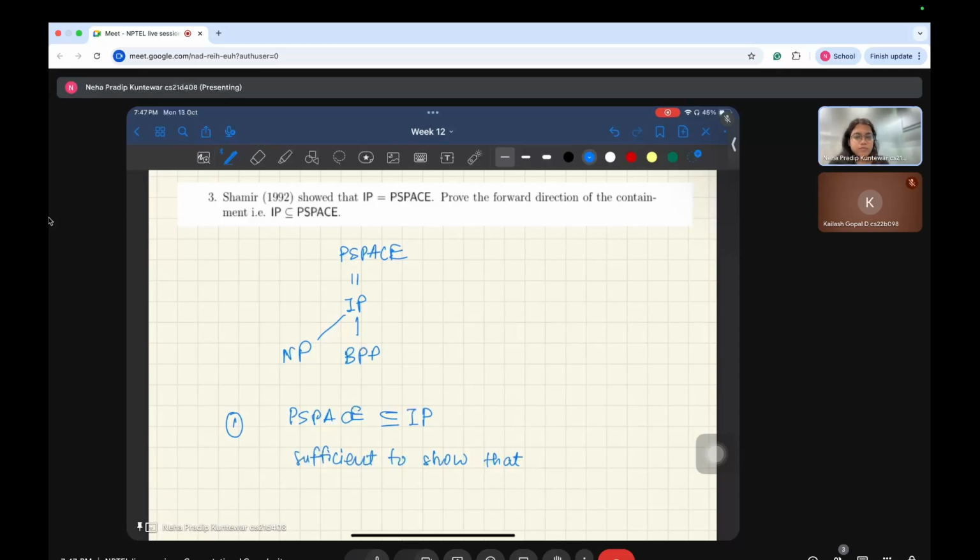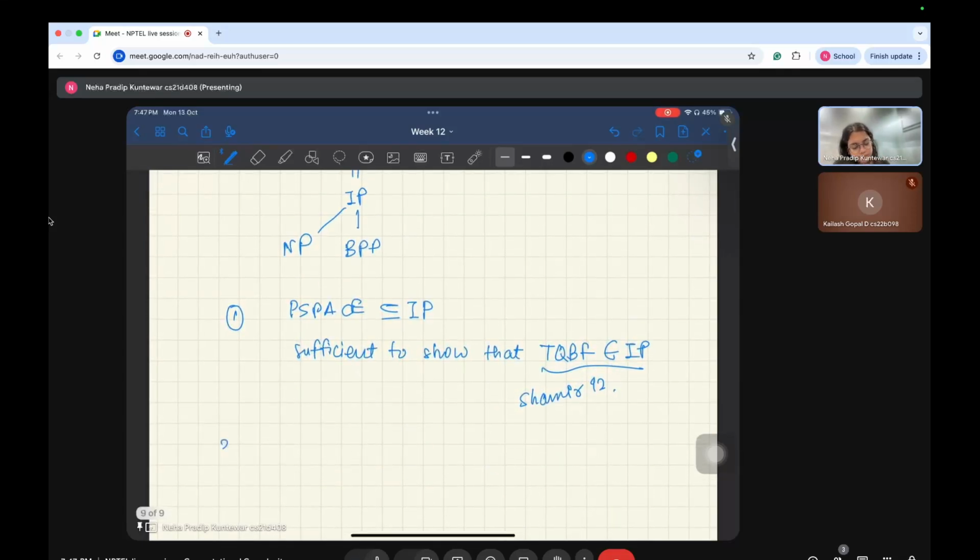One such PSPACE-complete problem is our favorite problem, TQBF, totally quantified Boolean formula. It's sufficient to show that TQBF can be simulated by an IP with a polynomial number of rounds. This is what Shamir proved in 1992. The other direction, that IP is contained in PSPACE, is easy to see.